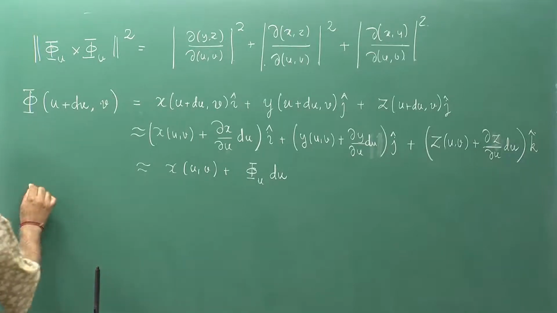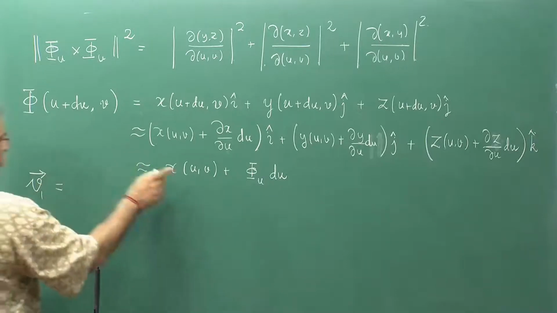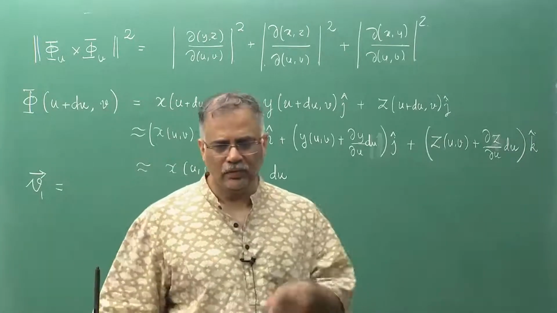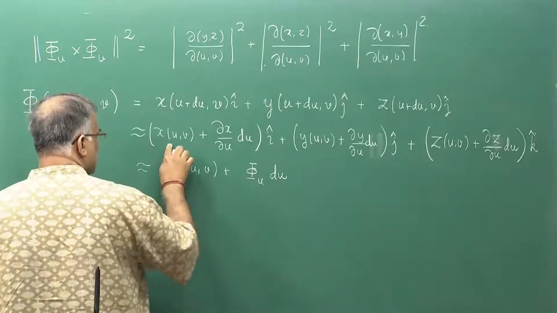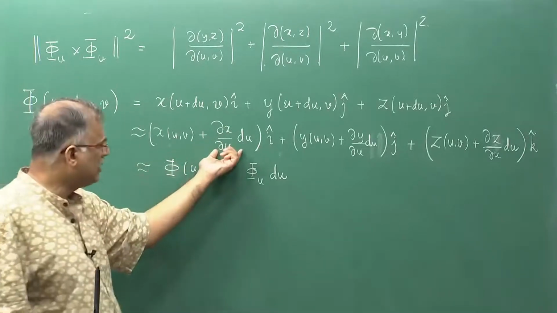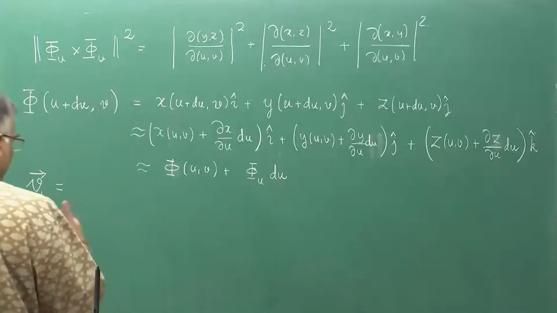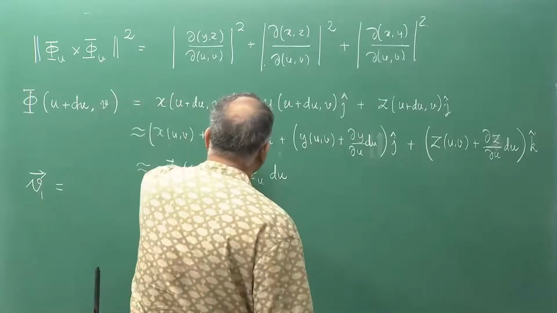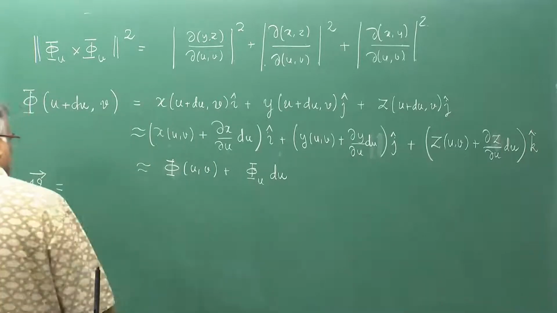So when I am writing the v1 vector, which is the difference of this vector with phi u v, because x i plus y j plus z k gives me phi, and this plus this plus this would give me phi u vector into du, du is a scalar, a scalar into a vector.